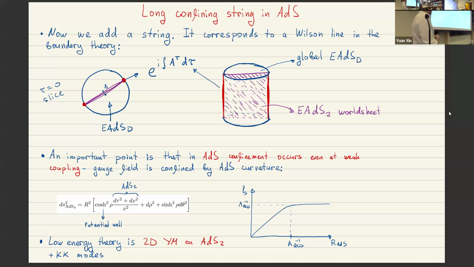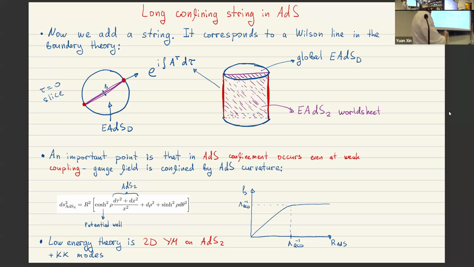To see this, it's convenient to write the AdS4 metric as an AdS2 factor times the transverse coordinates, and then there is this exponential potential well that forces, even at weak coupling, even at zero coupling in a sense, all the flux lines to lie on this two-dimensional surface.